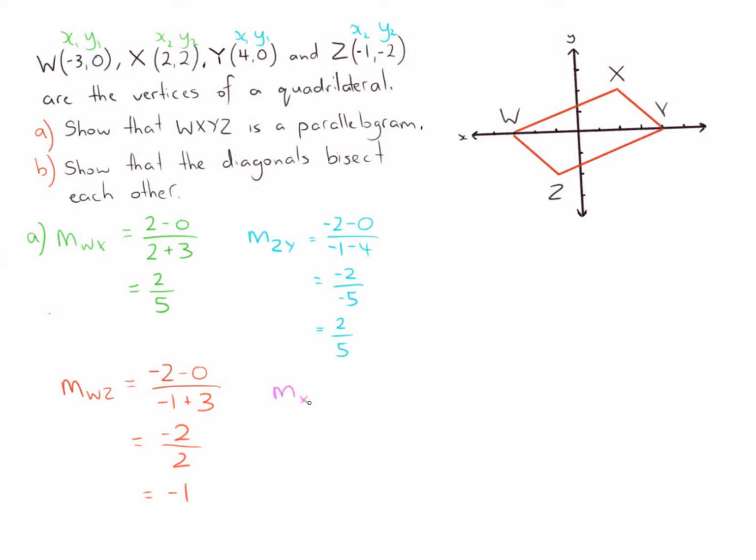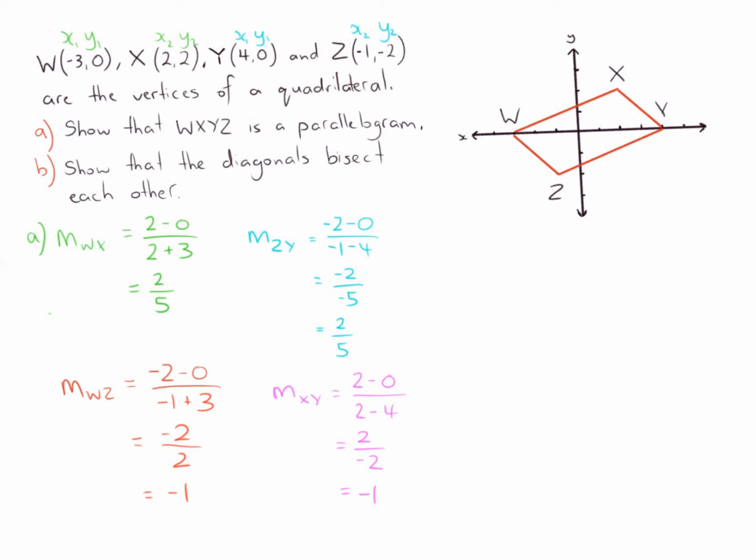Finally, let's look at the gradient of XY. y2 minus y1 gives us 2 minus 0. And x2 minus x1 gives us 2 minus 4. Once again, when we simplify, we get a gradient of negative 1.